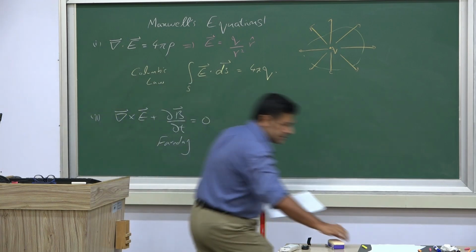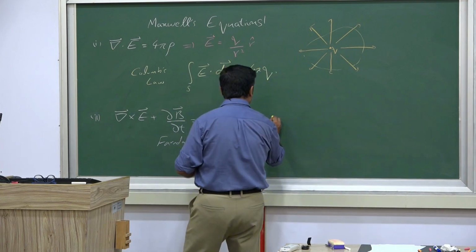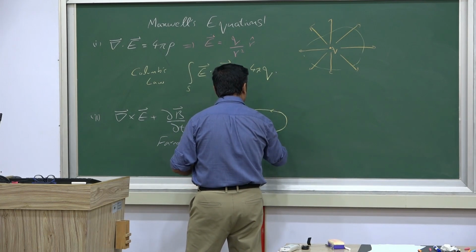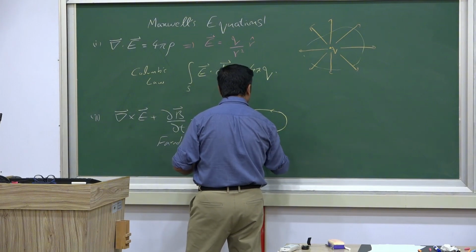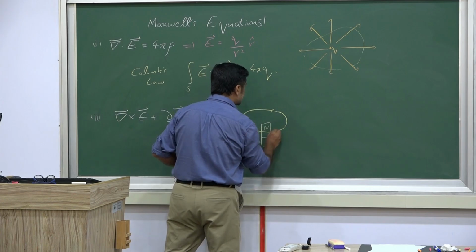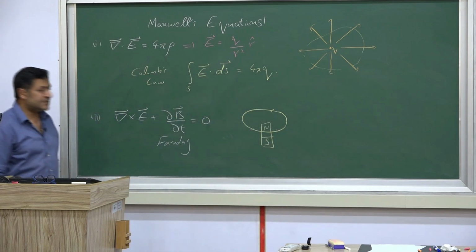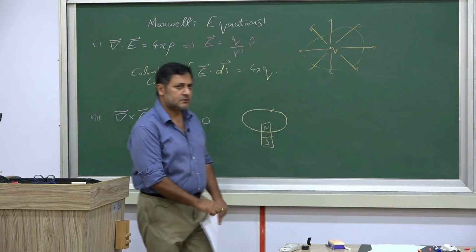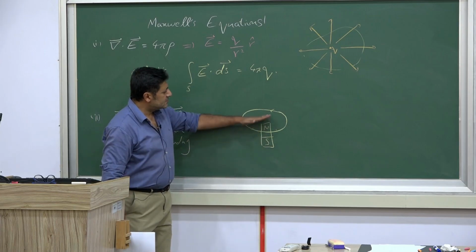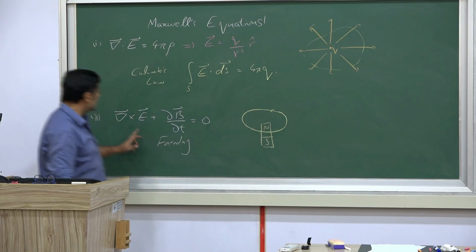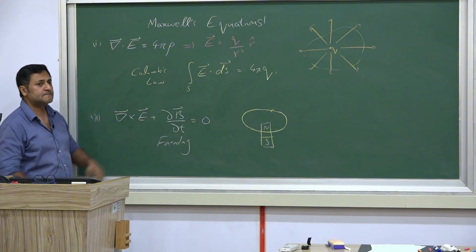Again, you must have seen at some point that if you have a magnet like this and you move it up and down, you induce electric currents in these coils. And this law is at the basis of all these dynamos and motors and whatnot. So you use changing magnetic flux to cause an electric field. That's what it's saying.